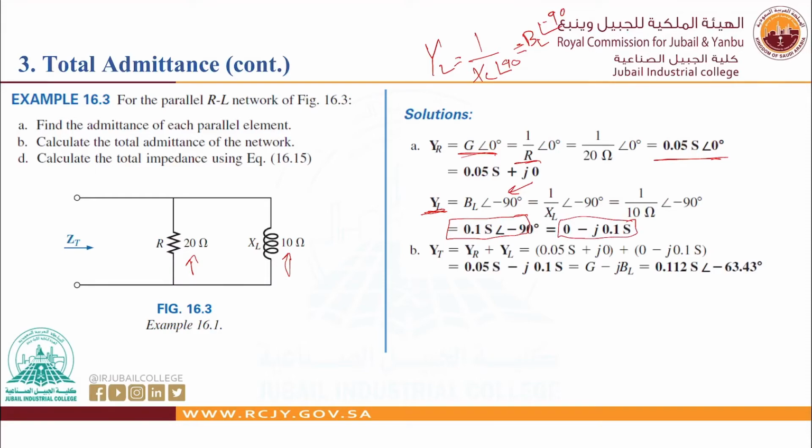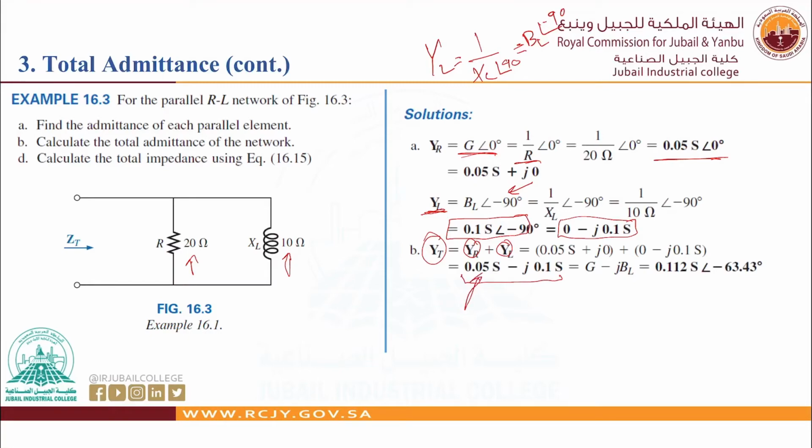Now, finding the total admittance is just adding the two together. This is the total admittance.